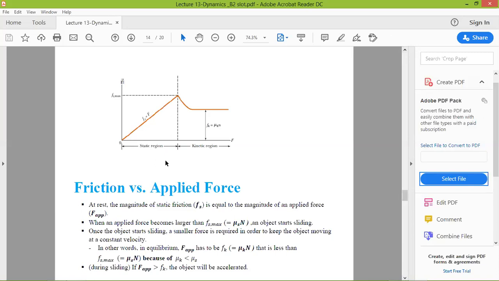During sliding, if you apply more force than the frictional force, your object will start to accelerate.